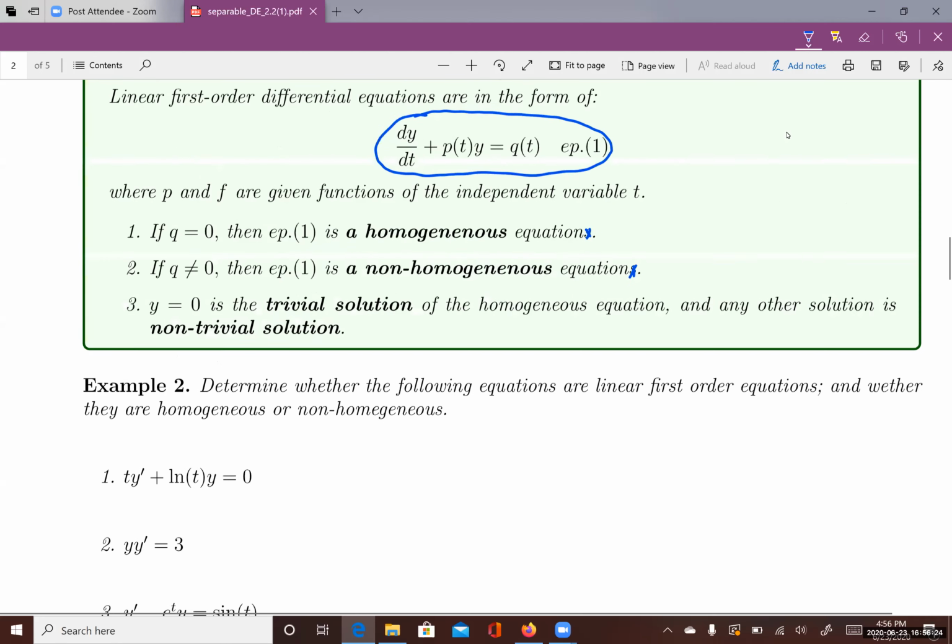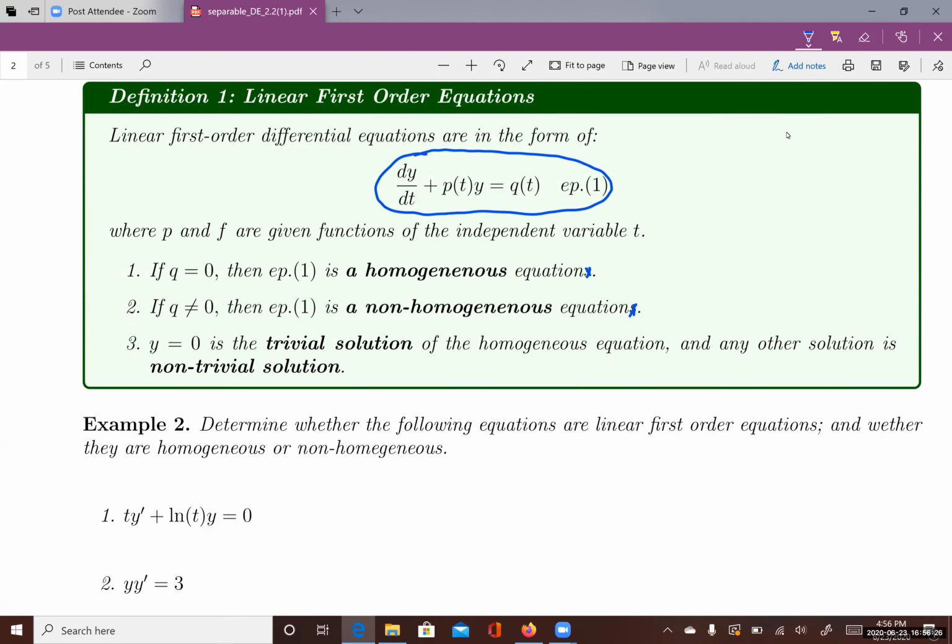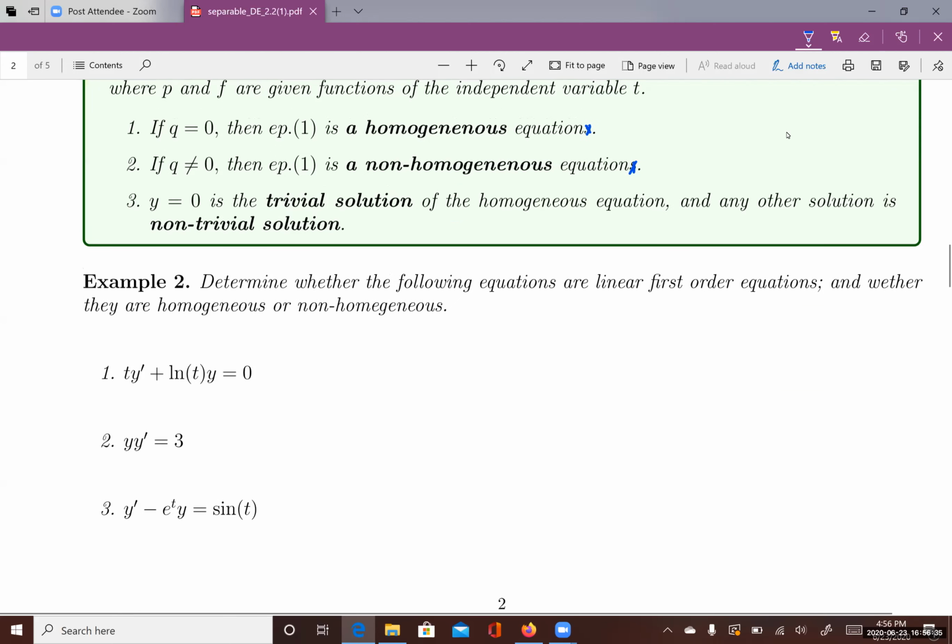And look at the form. The form is y prime plus a function of t times y equals a function of t. And because you have t times y prime, maybe you want to transform it by dividing everything by t, if t is not 0, to get y prime plus natural log of t over t times y equals 0.